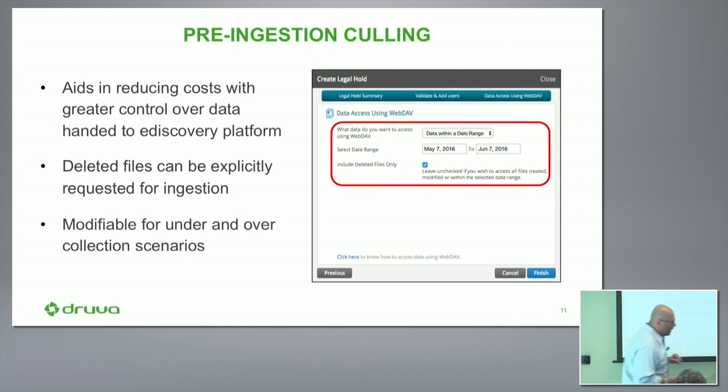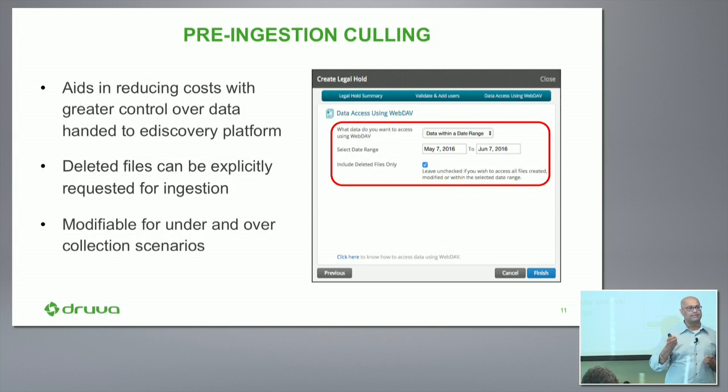Okay, so at the initiation of any legal matter, the amount of data that is being collected is naturally huge, but what is really relevant to the particular matter is significantly lower. So what we've also done is pre-cull that information such that you can now filter for the data that actually gets ingested.